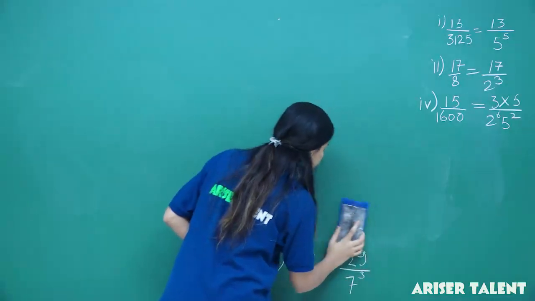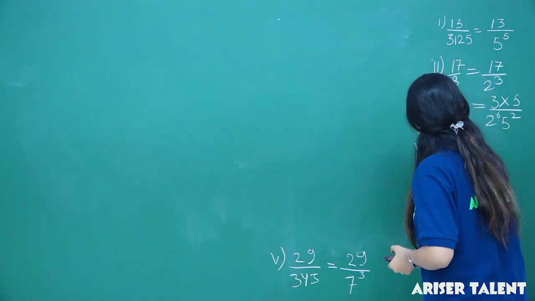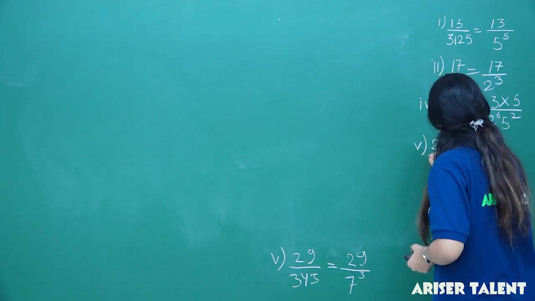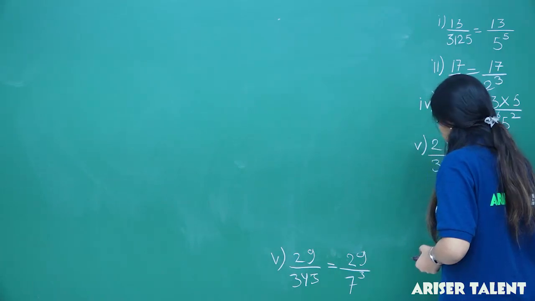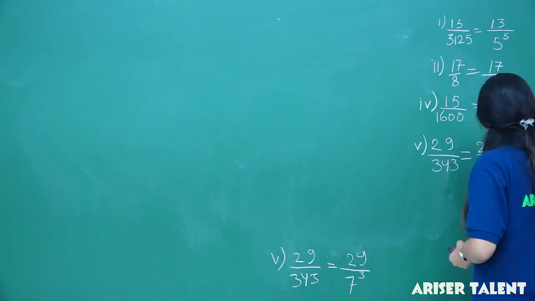Be active. Do the next one. 29 upon 343, 29 by 7 raised to power 3. It is not terminating.